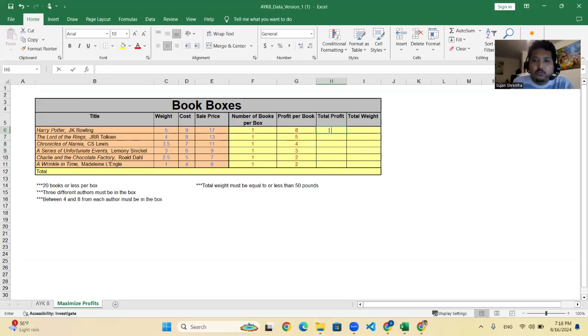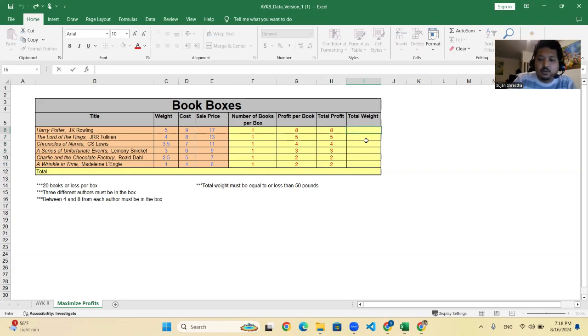The total profit, if I take one book per box, will be this value multiplied by this value. Enter. The total profit for one book will be 8 right now. So drag this down, and this will be the total profit.